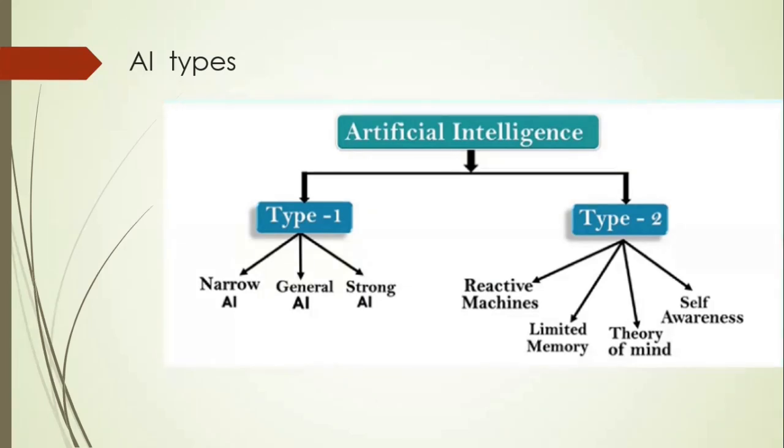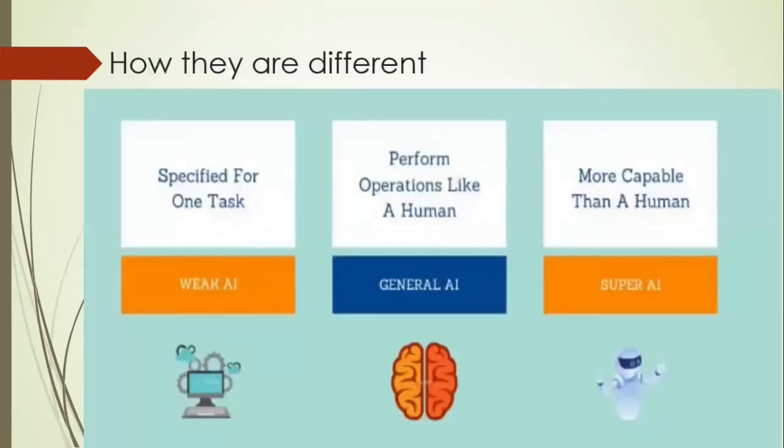When I'm saying all these types, we need to understand what exactly weak AI is. Your computers have all these algorithms, all the operating system, everything is there. But whatever data or task you give, based on that, it will give the output. You can take the example of a calculator, where you put in all the multiplication and it gives you the output.